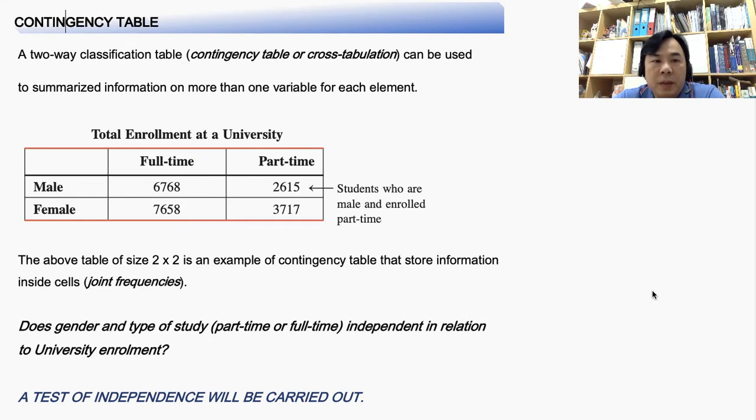You can see that most of the time we have the total enrollment at a university, and then we can sort of categorize them into genders. All right.